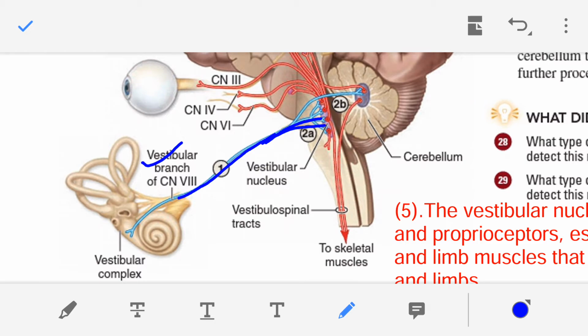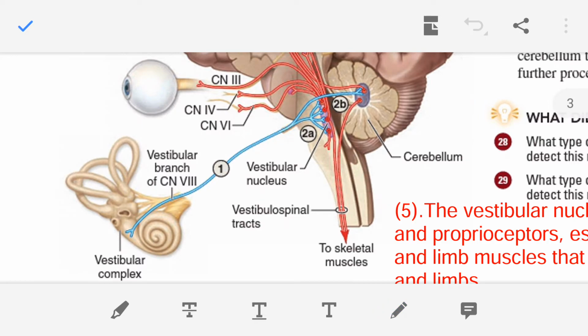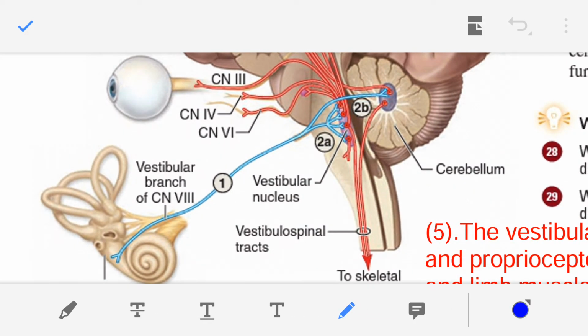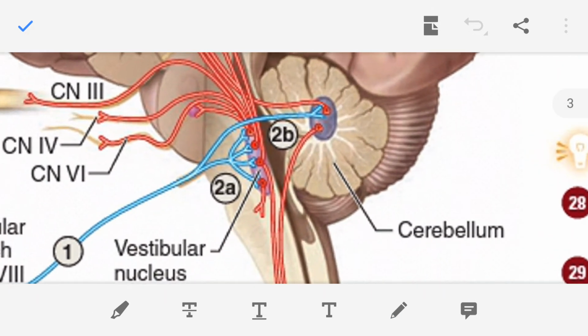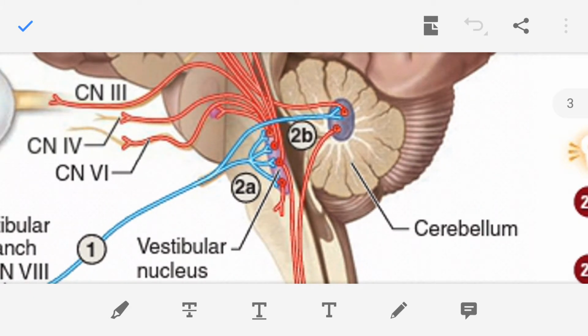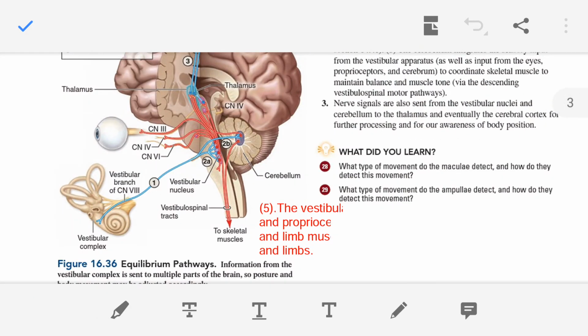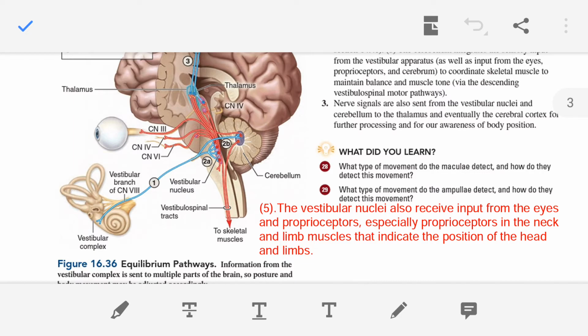But if you observe over here, the remaining axons are entering the cerebellum. So how are these remaining axons entering the cerebellum from the vestibular branch?